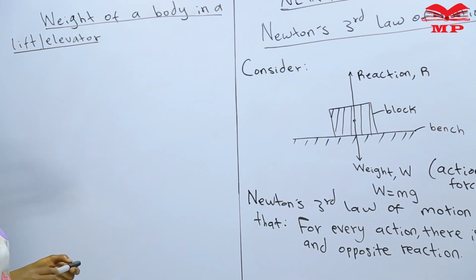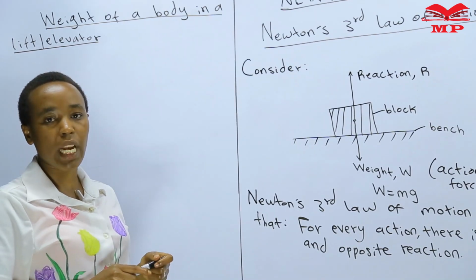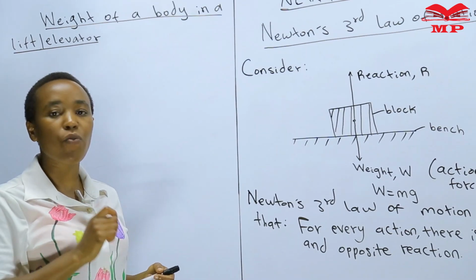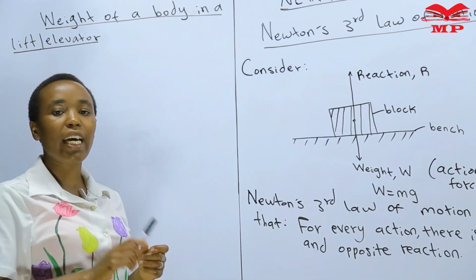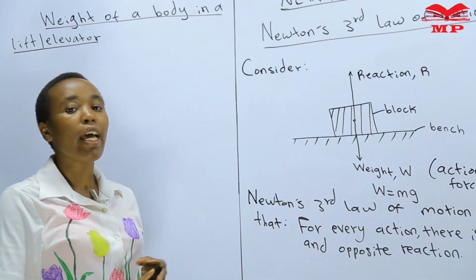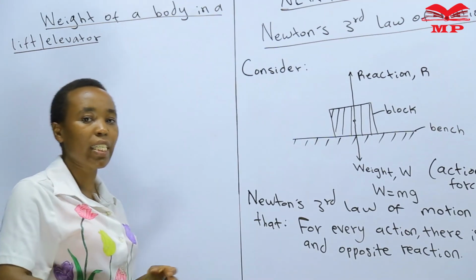We should know that whenever a passenger gets into a lift, there is a force that presses against the feet of the passenger, and that force depends on, one, the acceleration, and two, the direction of motion. Is it upward or is it downward?